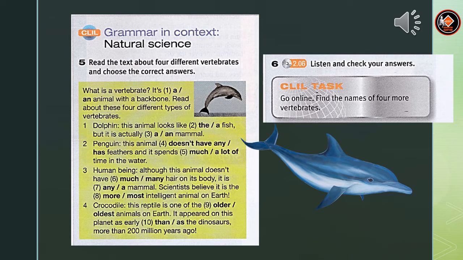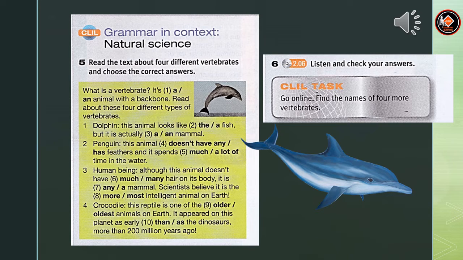2. Penguin. This animal has feathers and it spends a lot of time in the water. 3. Human being. Although this animal doesn't have much hair on its body, it is a mammal.